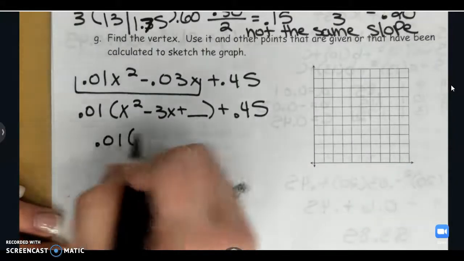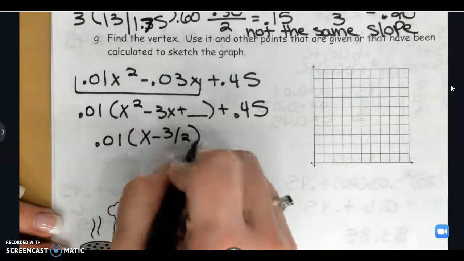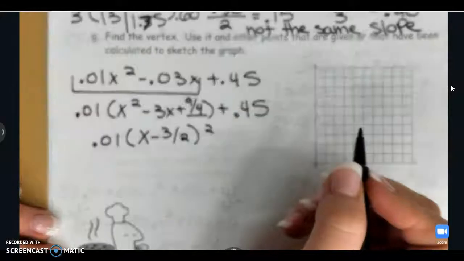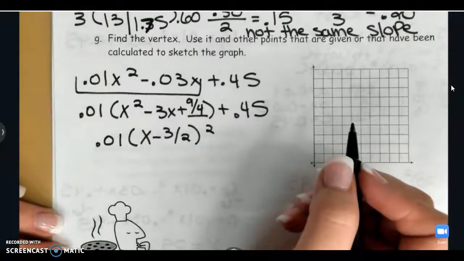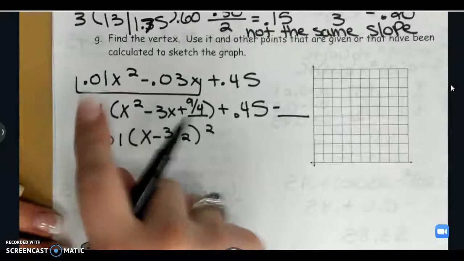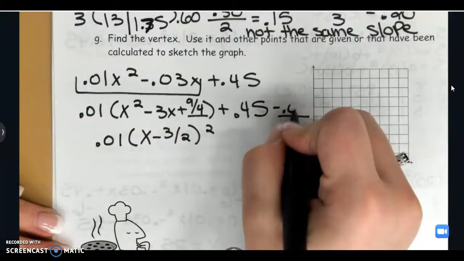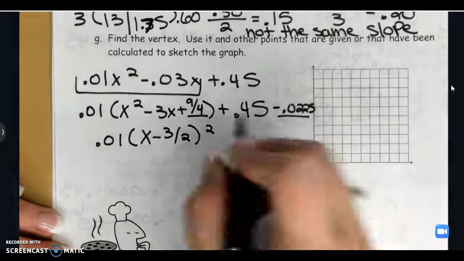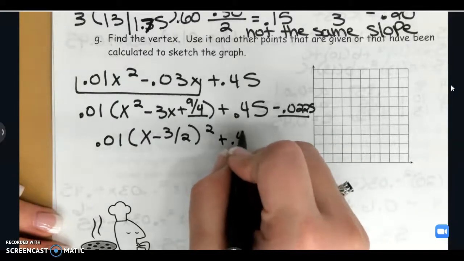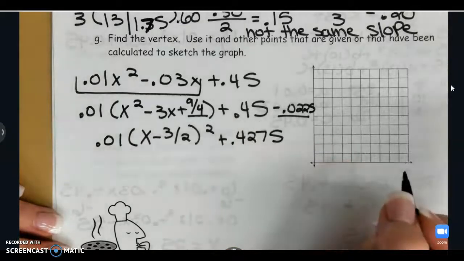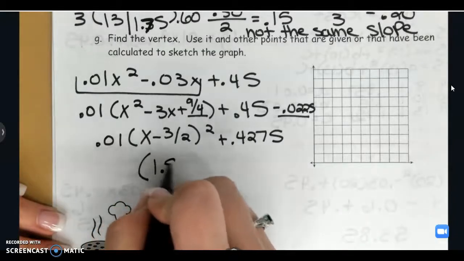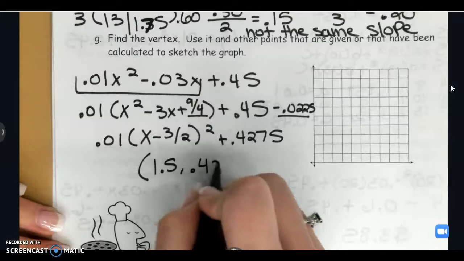So this is going to end up being x minus 3 over 2 squared. Now 3 over 2 squared is 9 over 4. So what I'm going to be subtracting outside is 9 over 4 times that 0.01, and that's going to be 0.0225. And the 0.45 minus that leaves us with 0.4275. So my vertex is h, k, so that's going to be 1.5 and 0.4275.